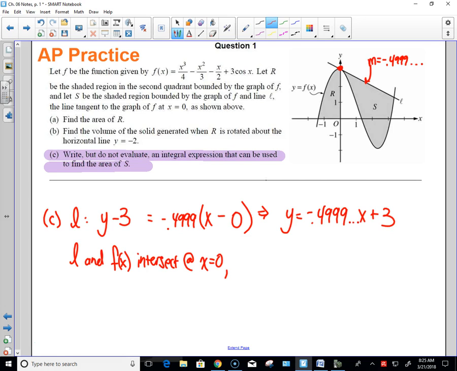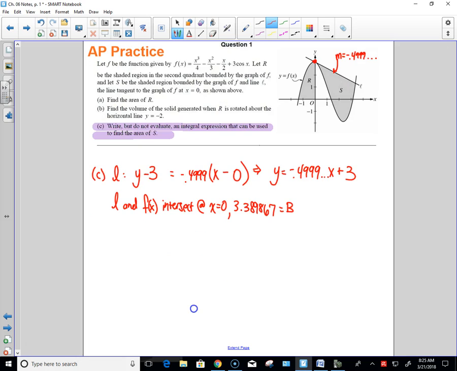And what else did you give me? 3.3. Give me more than that. It's 3.38987. Why am I asking you for all of it? It's not the final answer, so I can't round it yet, right?